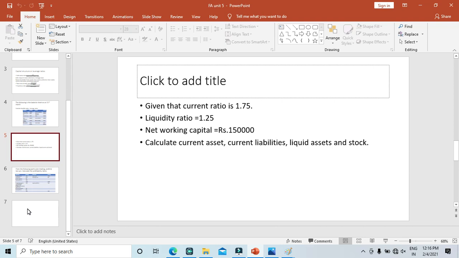Okay, so now the given information is that the current ratio is 1.75. Current ratio is 1.75 means basically, what's the formula?